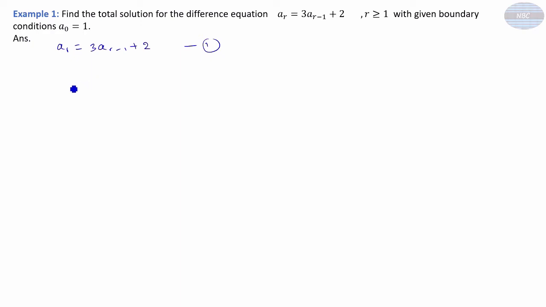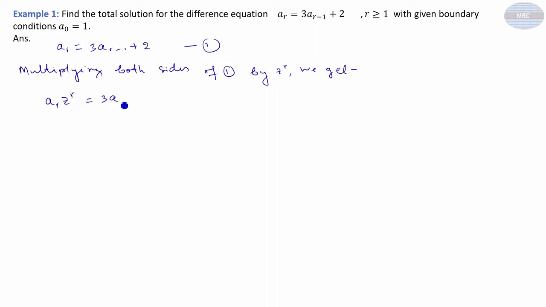Now, multiplying both sides of equation 1 by z to the power r, we have ar z to the power r equal to 3 times ar minus 1 z to the power r plus 2 times z to the power r. Let us call this equation 2.